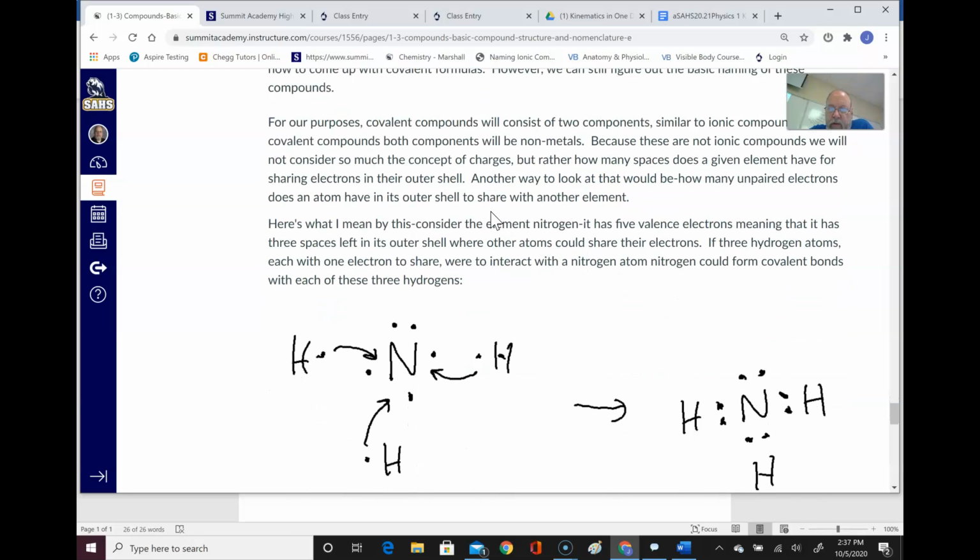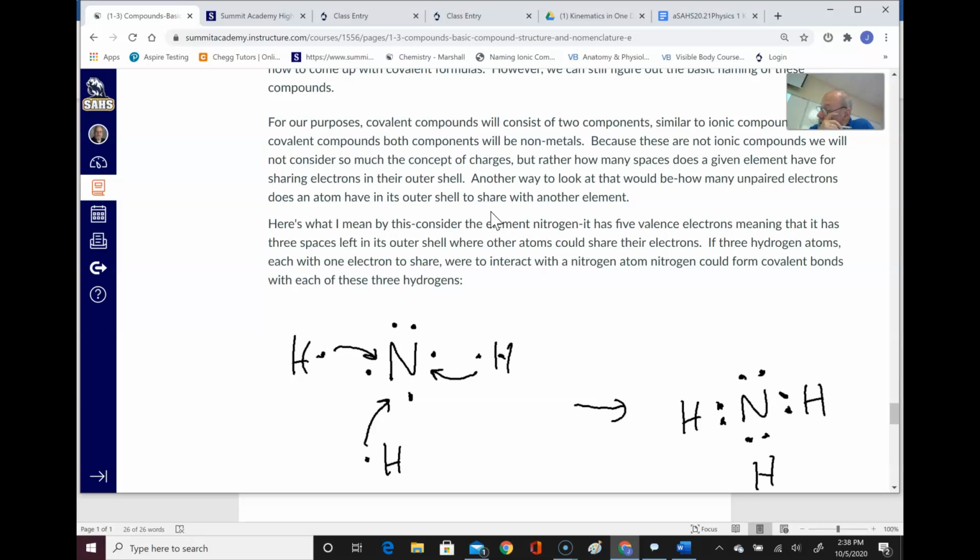So for our purposes, covalent compounds, just like ionic compounds, will consist of two components. But in covalent compounds, both will be nonmetals. You need to know that. Now, because these are not ionic compounds, we won't consider so much the concept of charges, but rather how many spaces a given element has for sharing electrons in its outer shell.